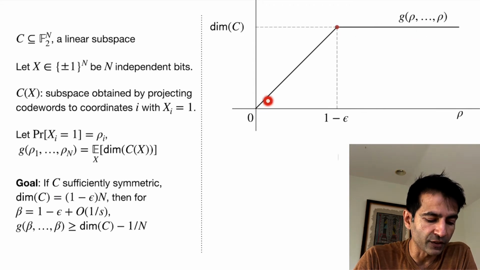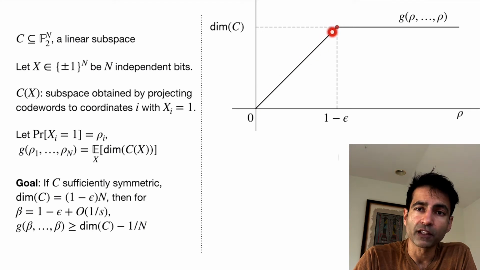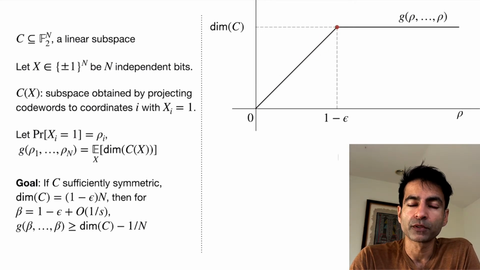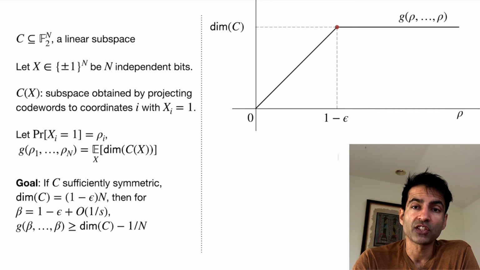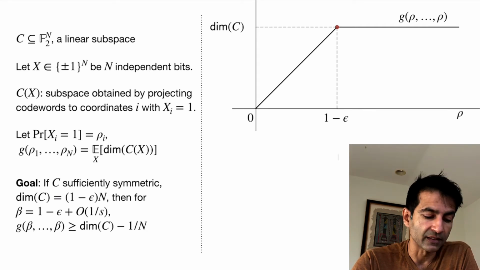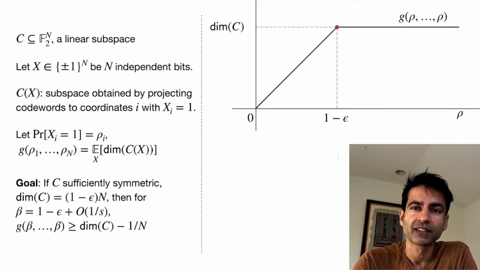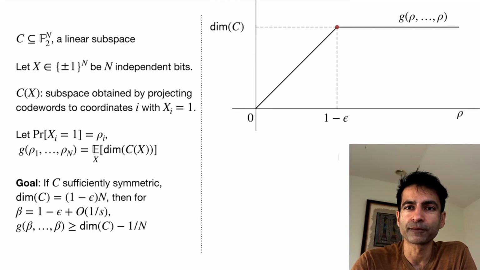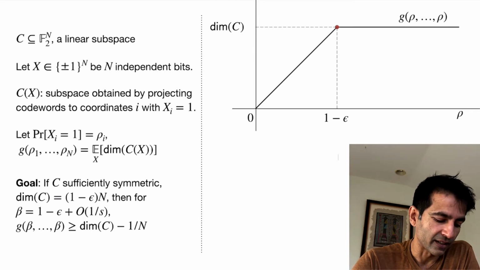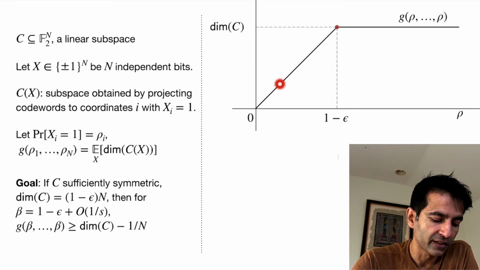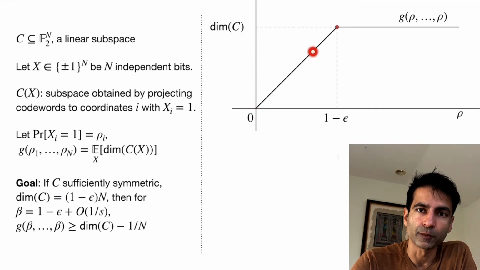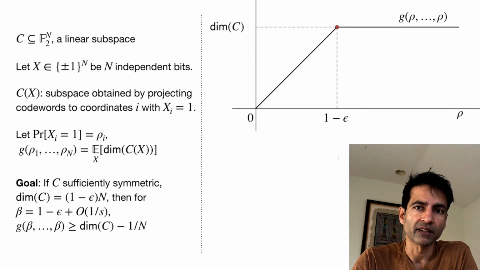And for lower values, if you think about it, the largest possible derivative that g can have is n. That's something that you should think about. And that means that it has to be the case that this part looks like really a line with slope n.